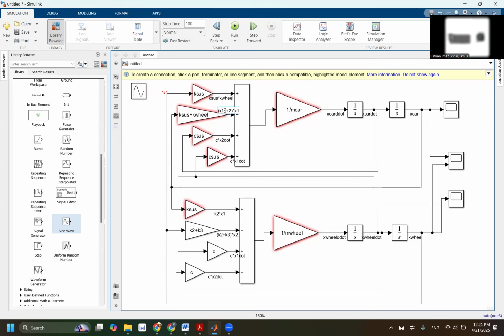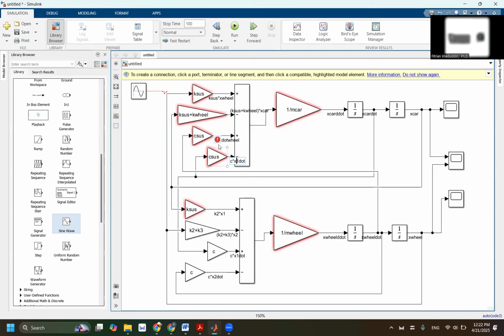Second one is the cases plus K wheel, multiplied by, sorry, this is multiplied by X car. This is CSAS multiplied by X dot wheel.